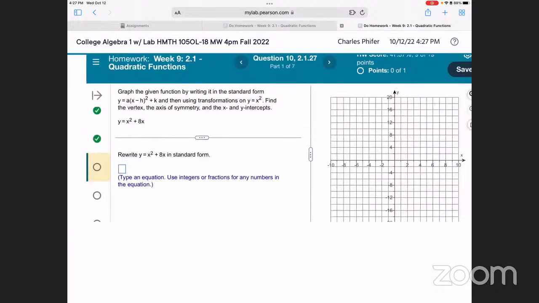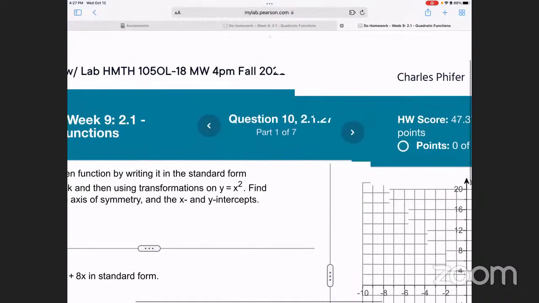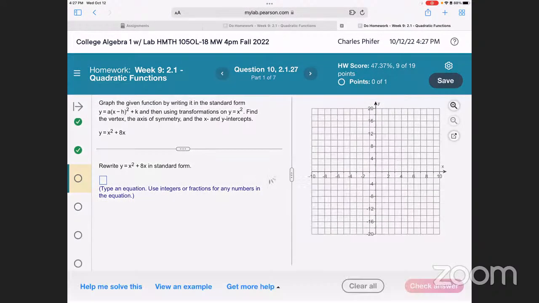Come on. All right, there it is. I knew it was going to do that. Okay, I think we're good. Plus 4 and I think minus 16.